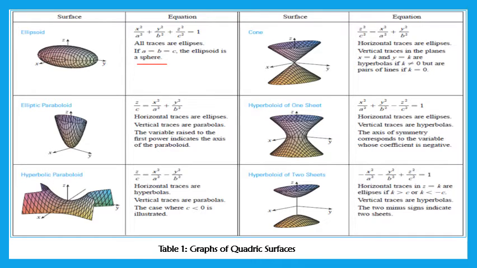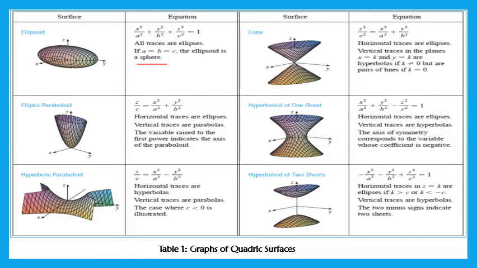The two minus signs indicate two sheets. Okay? Kung dalawa yung minus sign, ibig sabihin nun, two sheets. Kung isa lang naman sa kanila yung minus, ibig sabihin nun, hyperboloid of one sheet. Okay?